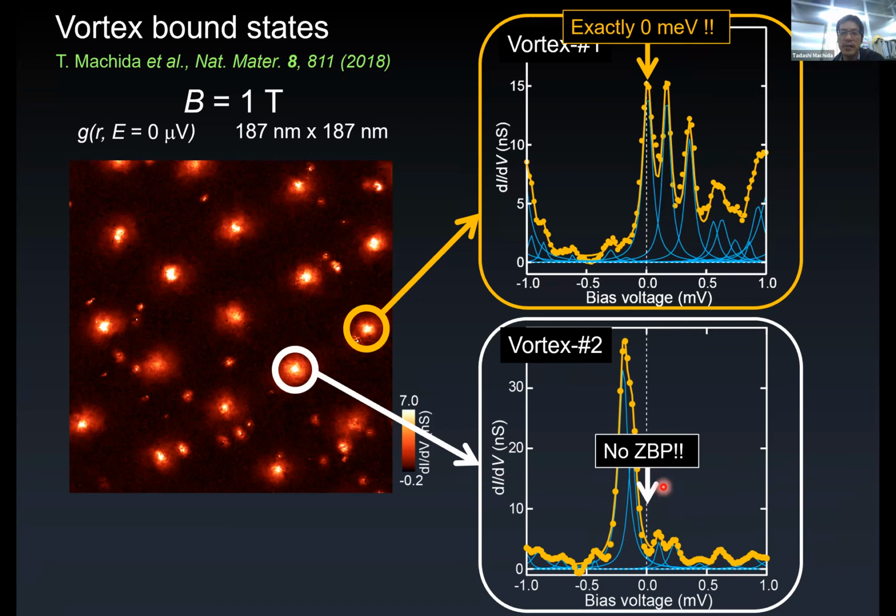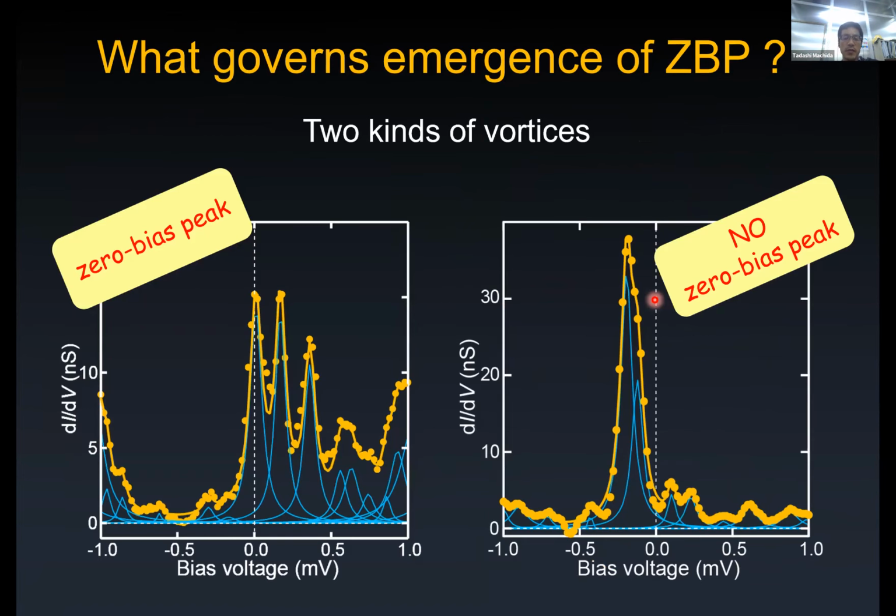Okay, so these two results clearly indicate that there are two kinds of vortices in this material. One has a zero energy peak. The other one doesn't have the zero energy peak. And these results also give rise to one question. What governs the emergence or disappearance of the zero energy peak?